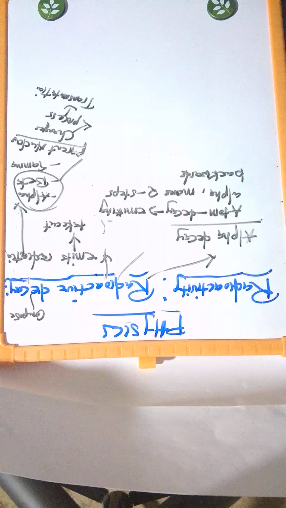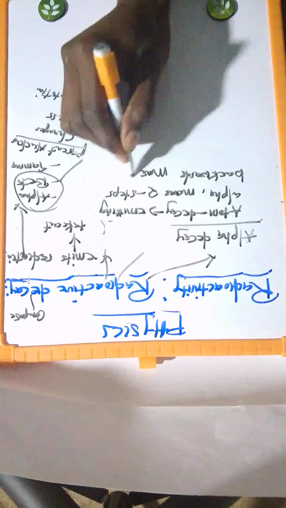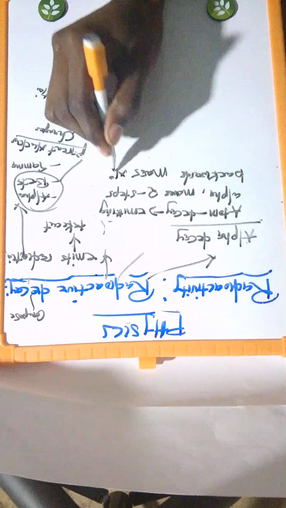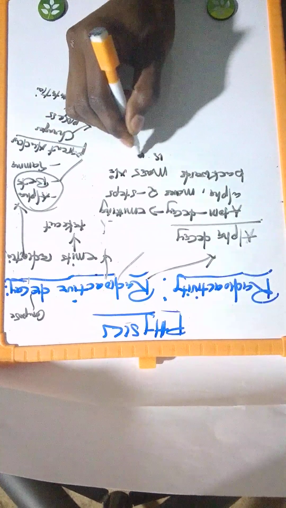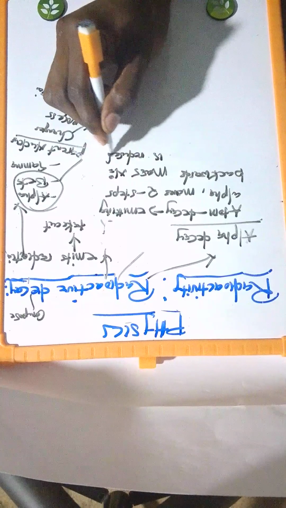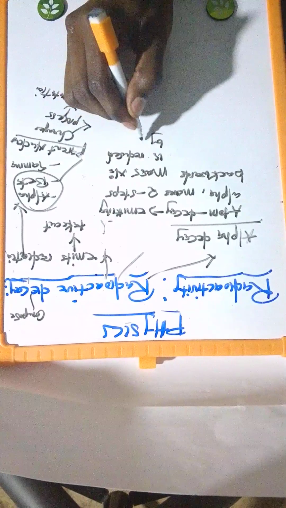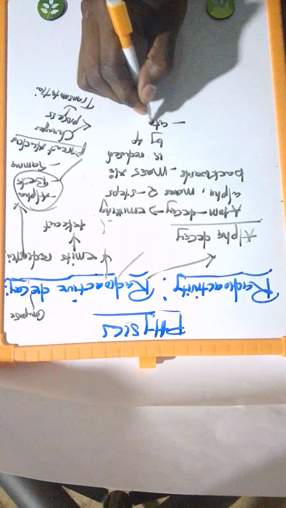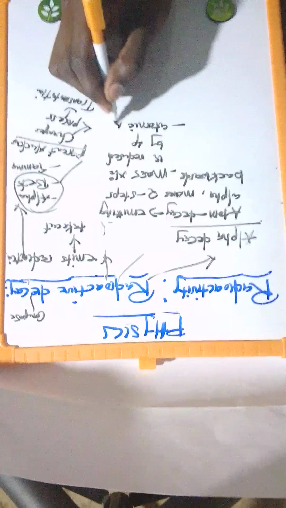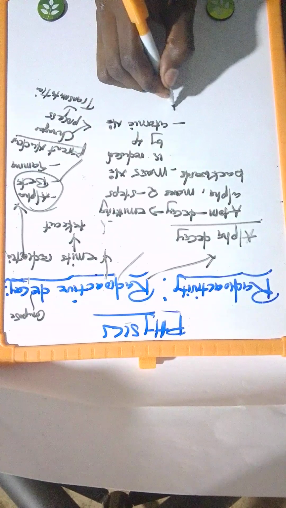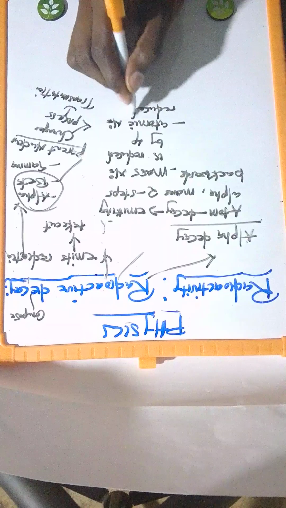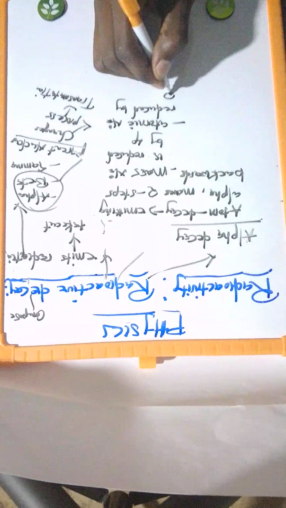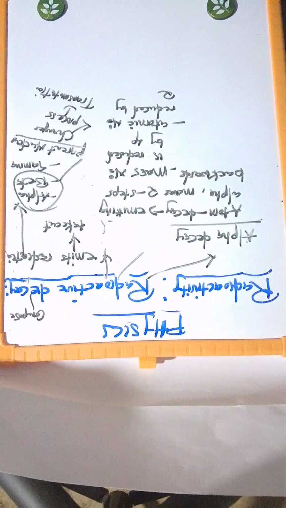If this happens, the mass number is reduced by 4, then the atomic number is reduced by 2.